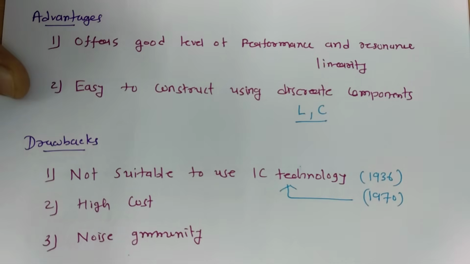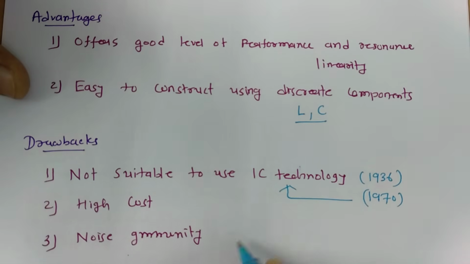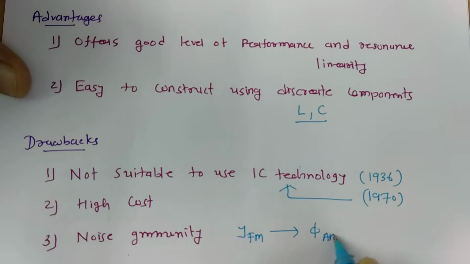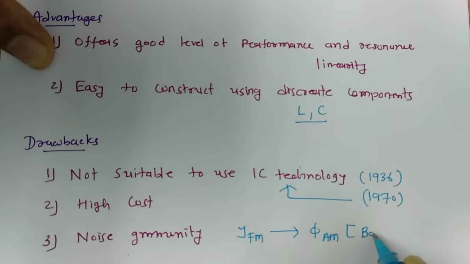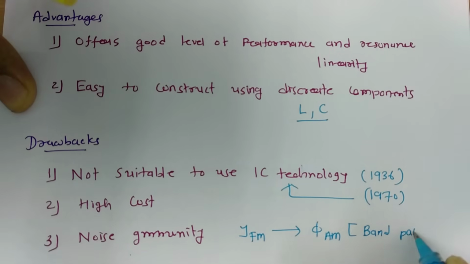Now how things are happening is, we have Y of FM, and when you pass it through the tuned amplifier you will have phi of AM. When you have this, it introduces some amplitude noise, so it has noise granularity, and to remove that we need a band pass limiter.